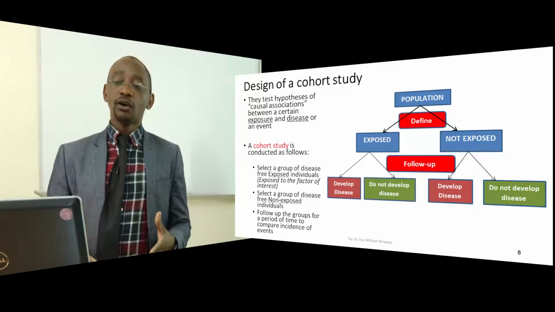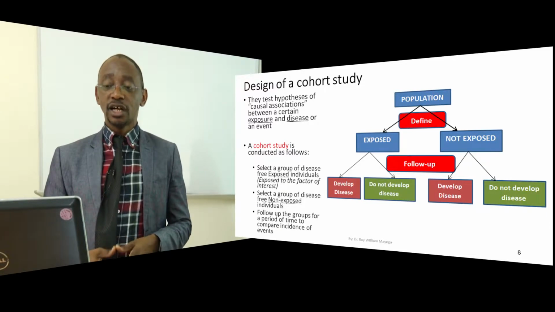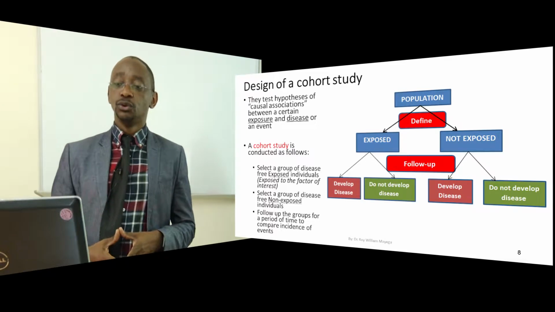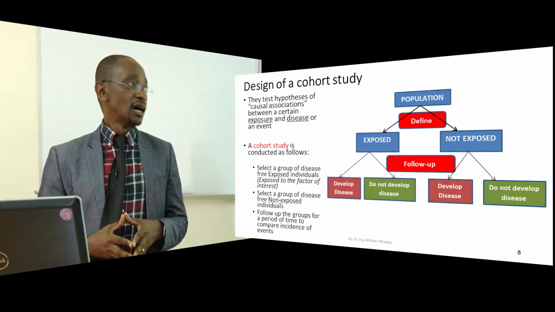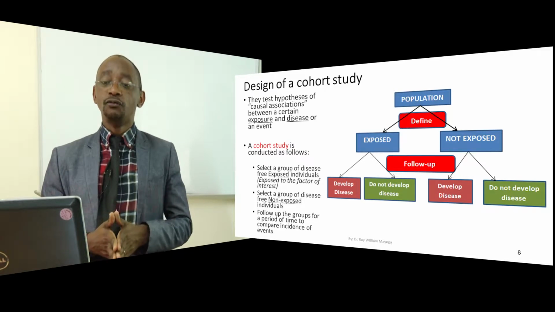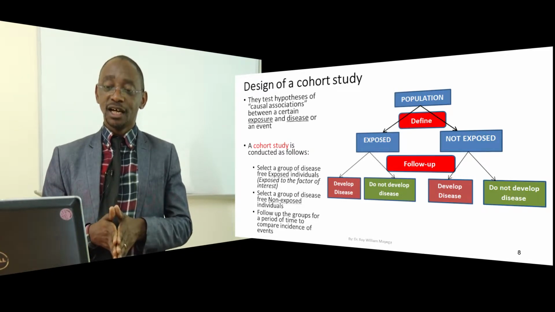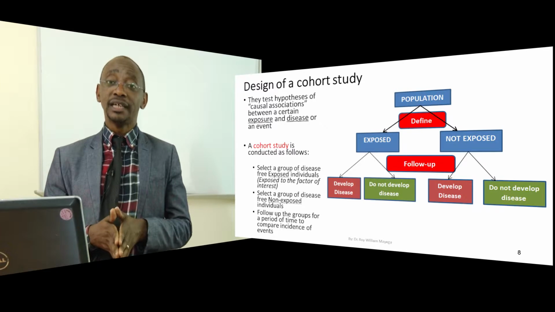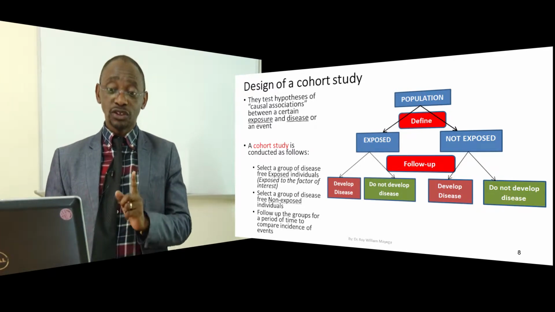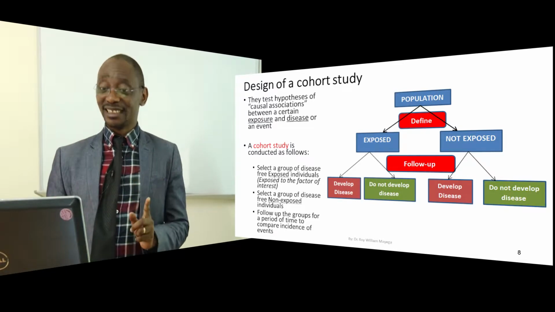This is how a cohort study is conducted, and you can look at the diagram on your slides to further understand the design. We select a group of disease-free but exposed individuals. So we get people who are exposed to a particular exposure of interest, but they don't have the disease.